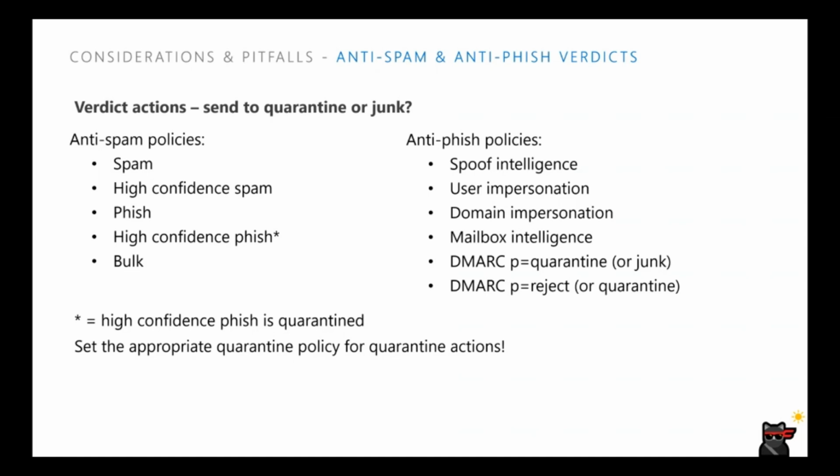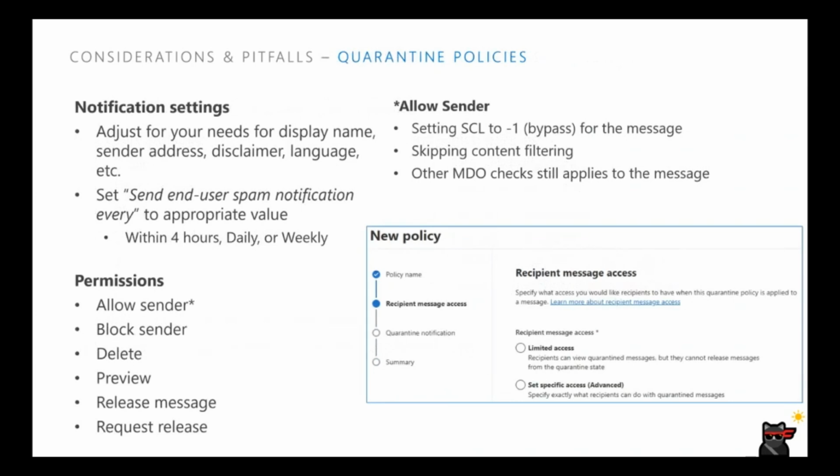So we have been talking about quarantine quite a lot. So let's dive into the policy section of quarantines. There are quite a lot of things to configure here as well. We can adjust how the messages will look if we have the notification enabled for our quarantine for the end users. So we can configure and adjust the display name, the sender address, disclaimer, and also the language for the email to be sent to the end user.